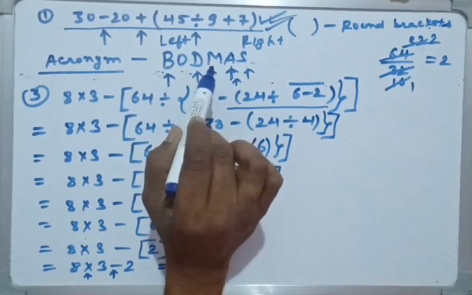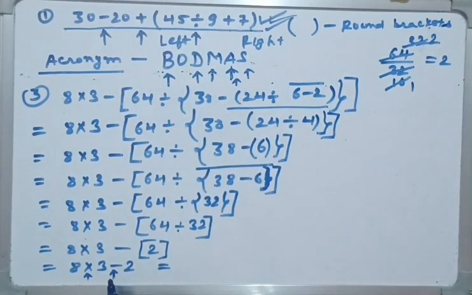M means multiplication, so we multiply first. So 8 into 3 equal to 24, then with the negative sign, the answer is 22. Okay guys, this one is the third example.